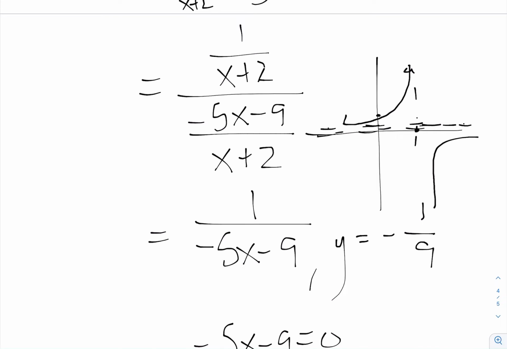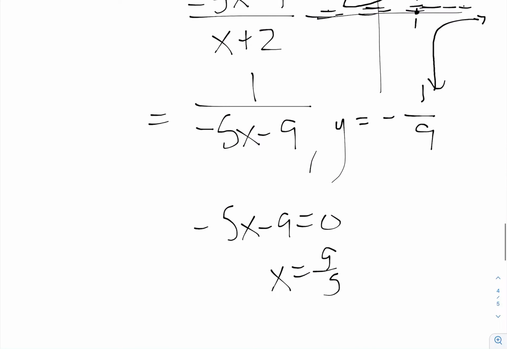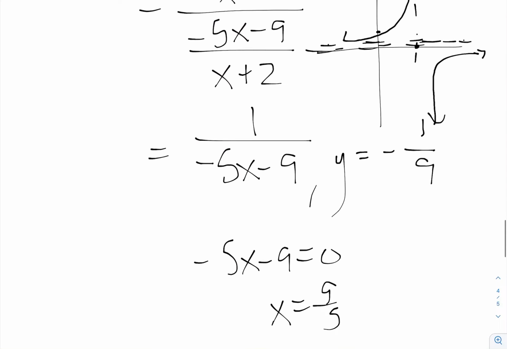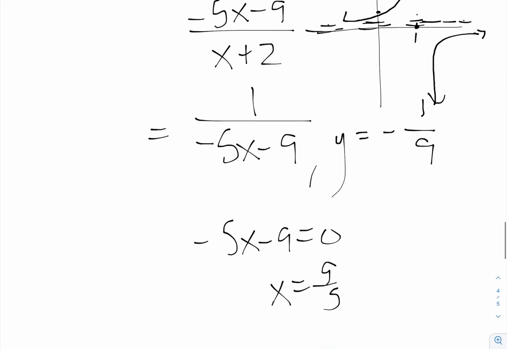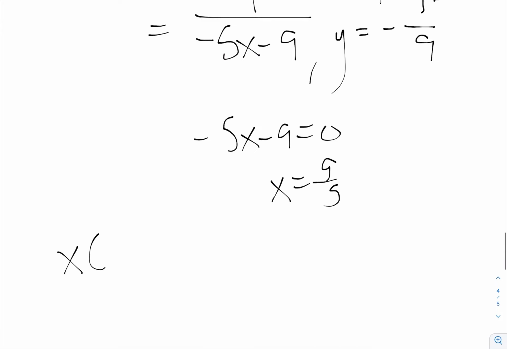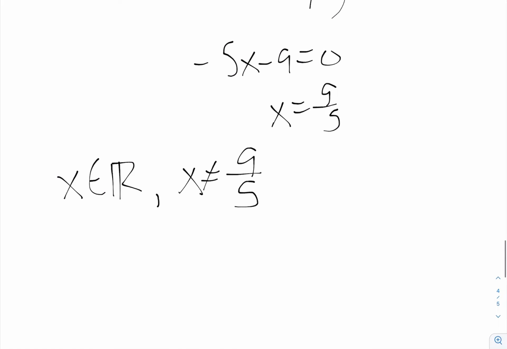Something like this. And so in terms of the domain and range, we would say that x is an element of the real numbers so long as x does not equal 9 over 5, because that's our vertical asymptote.